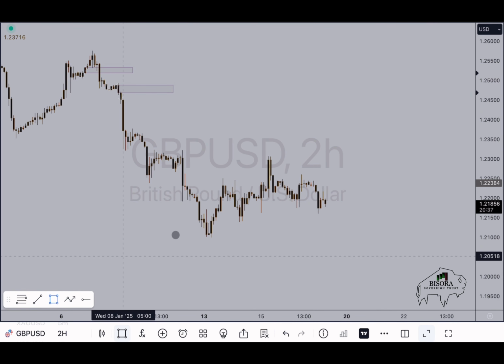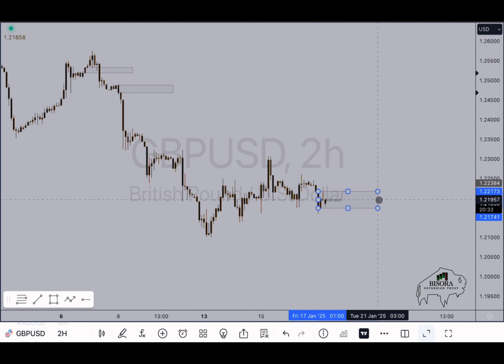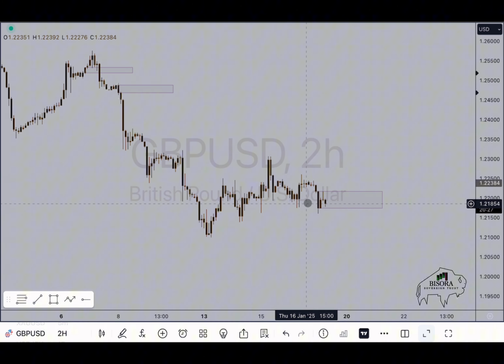So we can remove that one and highlight this one right here like so. We can just draw that out a little bit into the future and see what we get. And our opportunity for our short position has just been invalidated because we are now inside of this pendulum. Like I said, we are still in a little bit of a consolidation period right here.